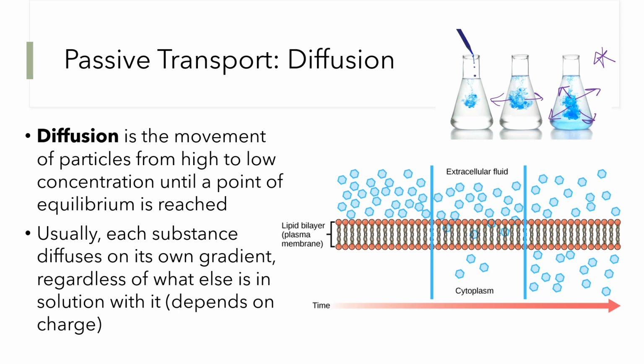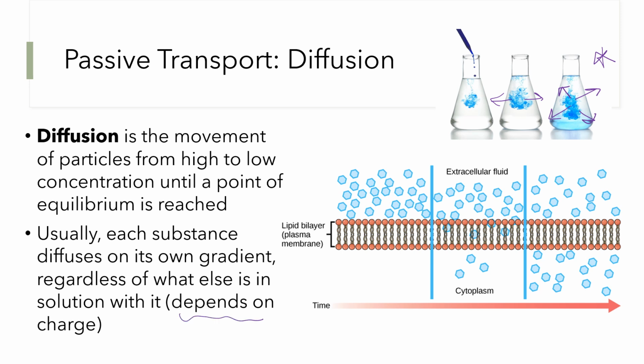If there is more sodium outside the cell and less sodium inside the cell, it will move from the outside to the inside until it's equal. Even if the sugar amount is already equal, or even if there's more sugar inside than outside, everything will move down its own concentration gradient.